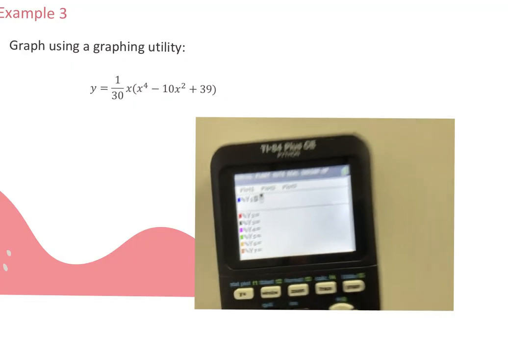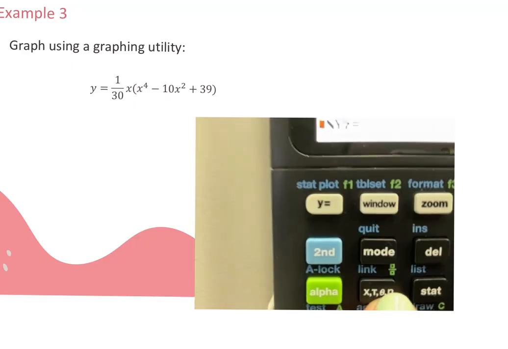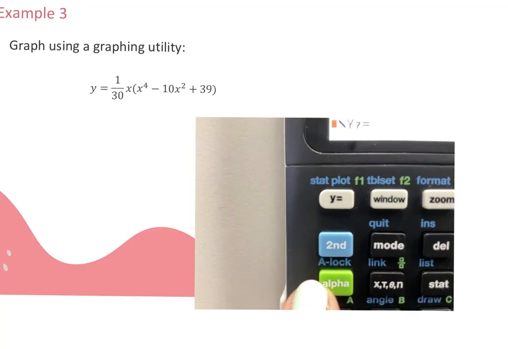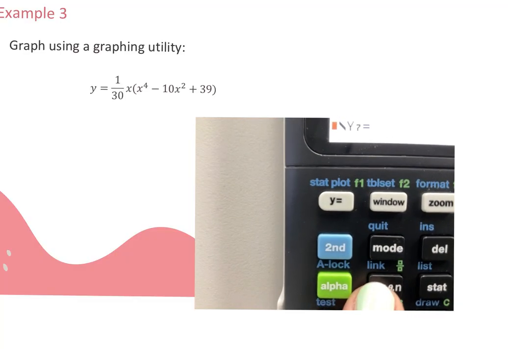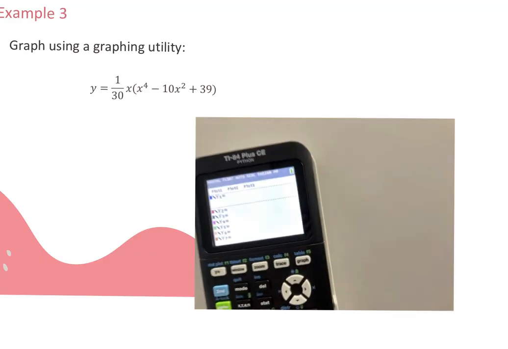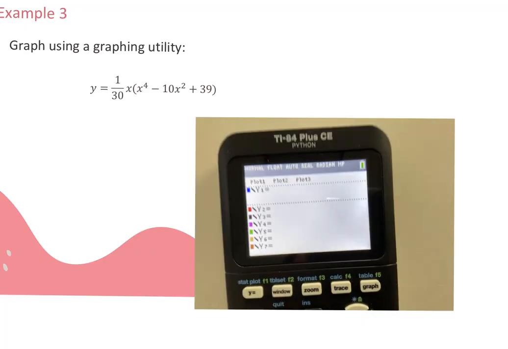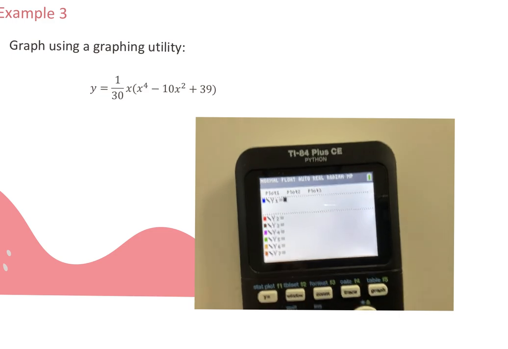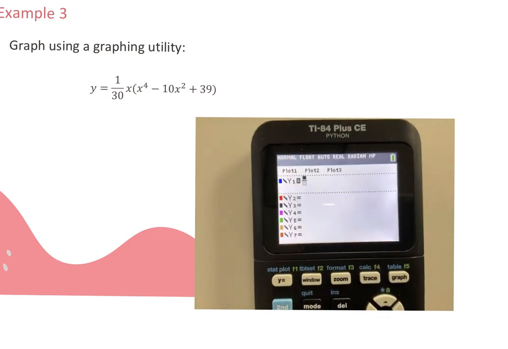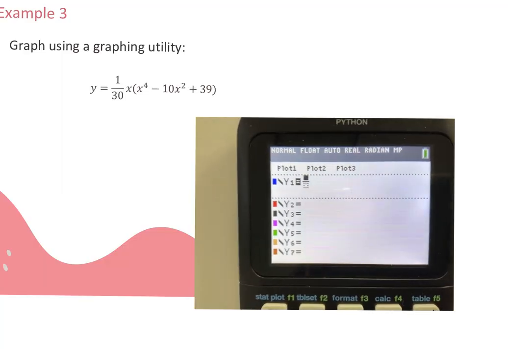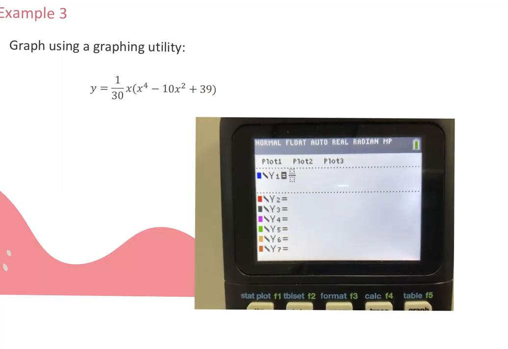If you don't see that stacked green box, try hitting alpha and that button, because some have it even though it doesn't show it. And if you don't have it, like my personal one doesn't, then you hit alpha y equals and you hit enter on number 1. So alpha y equals also gets you to that little stacked one.